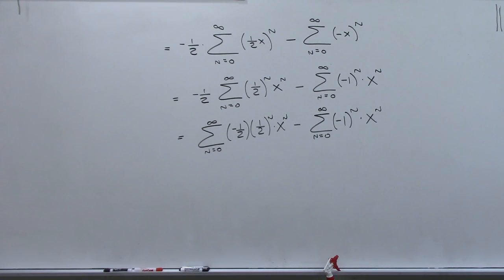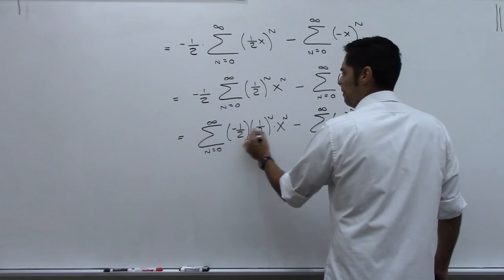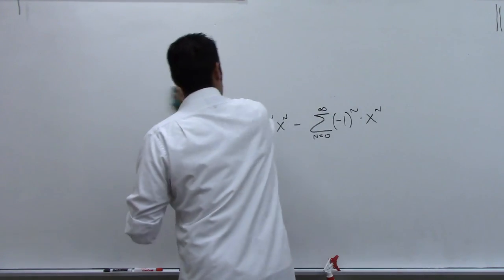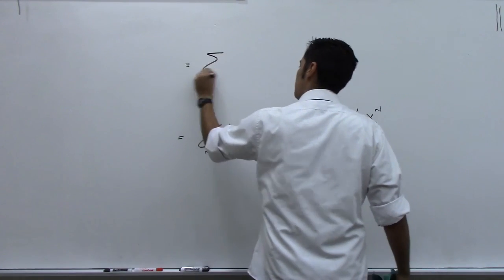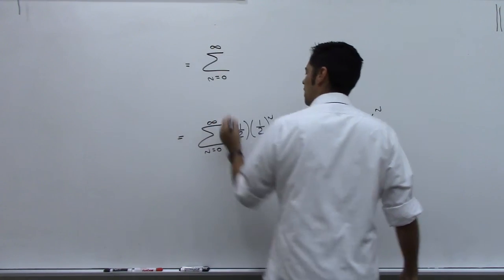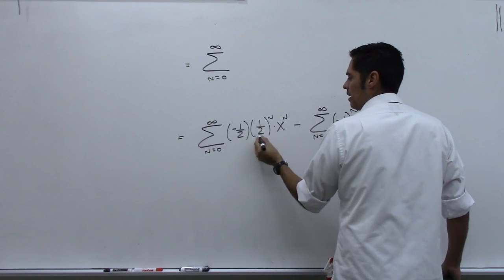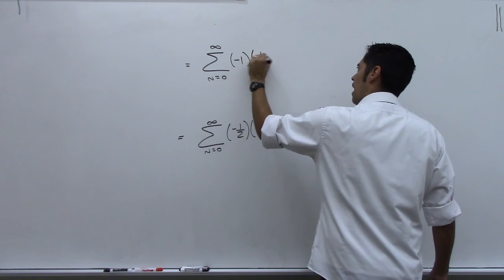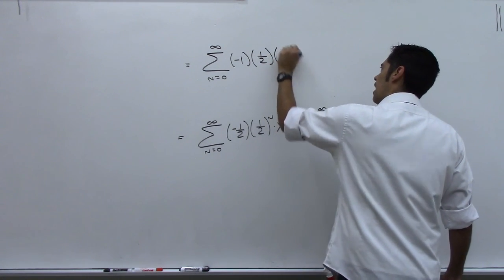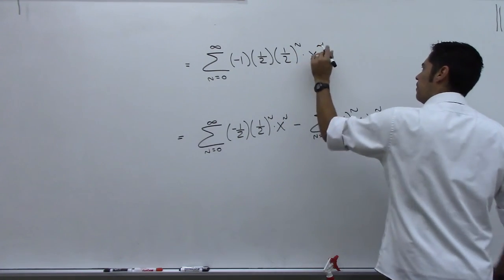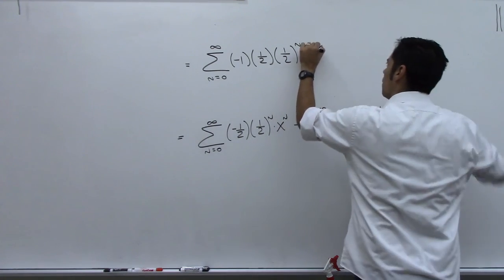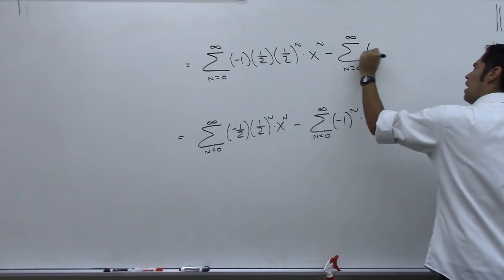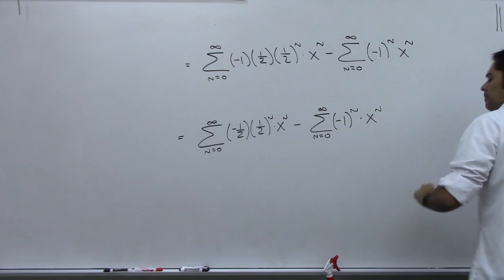All right, let's put these two together. So how about we do this? Sum n equals 0 to infinity. Now the negative is a problem because this isn't negative, so I'm going to make that negative 1, and then I'm going to have 1/2, and then 1/2 to the n, then x to the n, minus sum n equals 0 to infinity of negative 1 to the n, x to the n.